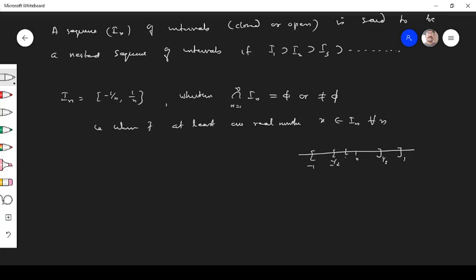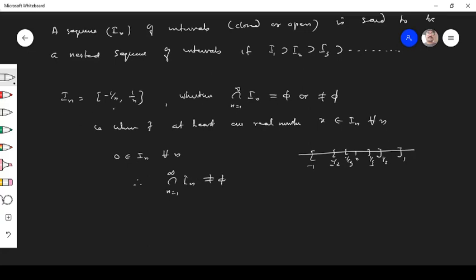Next is [-1/3, 1/3], and it goes like that. Now, you can see that the number 0 is always in every I_n. Therefore, we can assure that the intersection from n equal to 1 to infinity is non-empty.